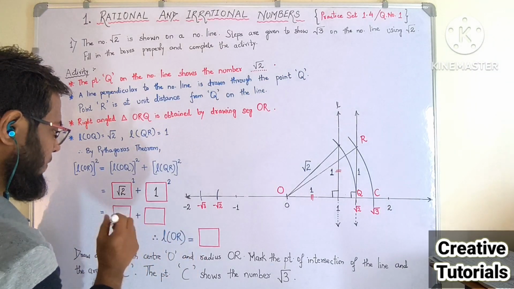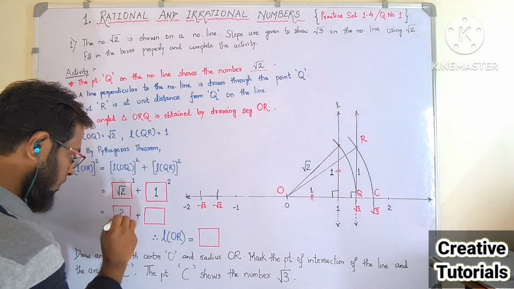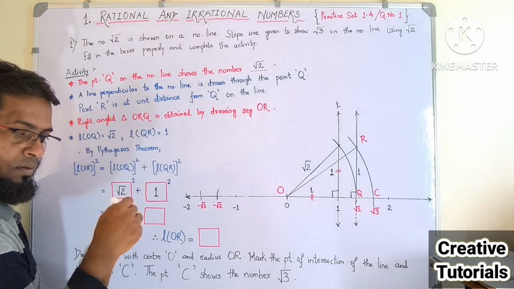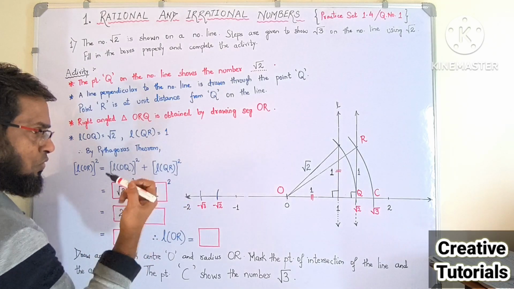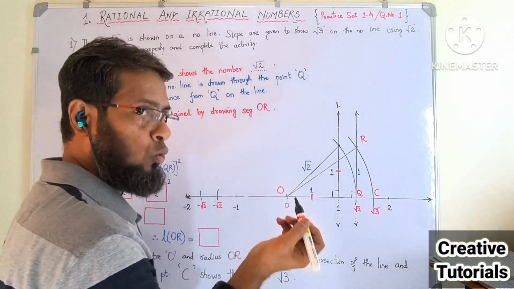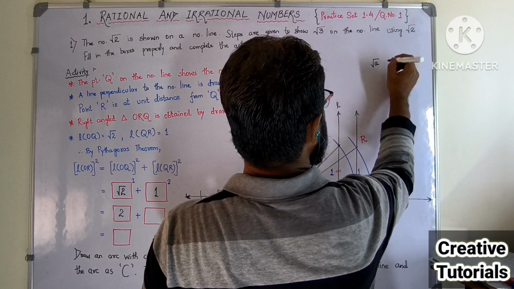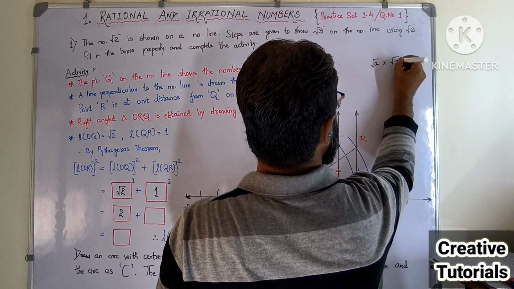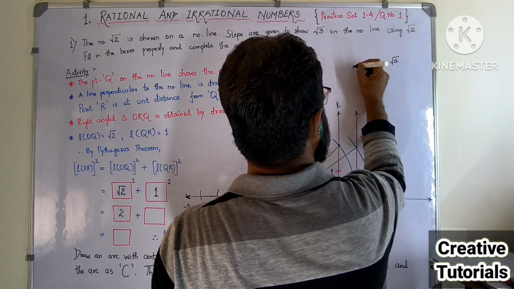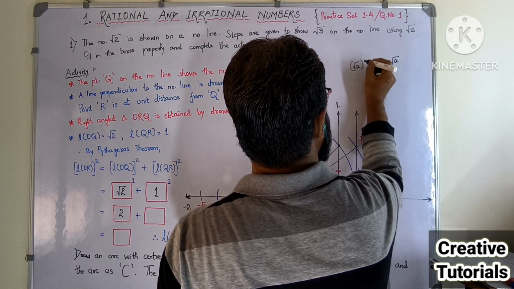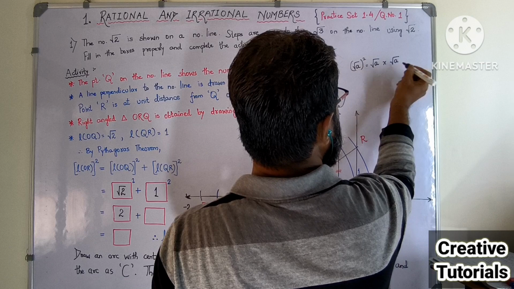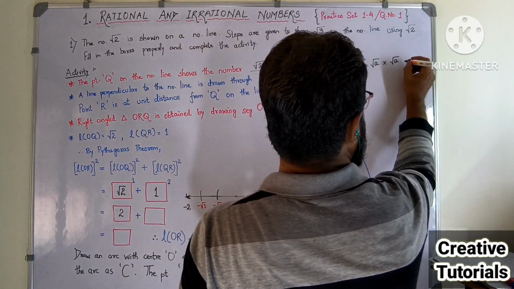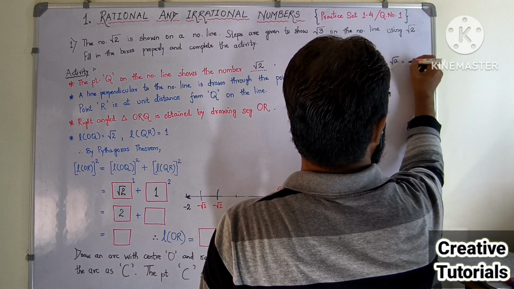Root 2 into root 2 is 2. Remember your laws of indices? Whenever we multiply two root numbers, root A into root A, this is root A square. This is nothing but root A into root A, and this is equal to what?